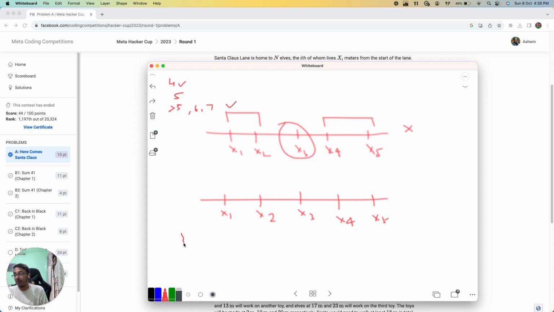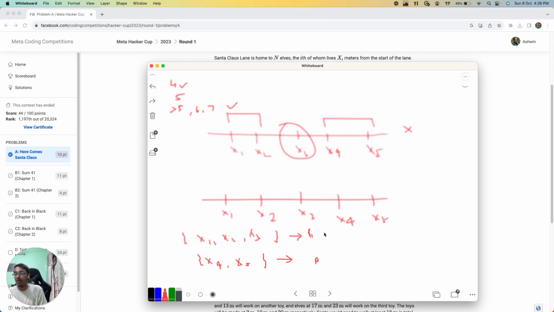So we will take one group, x1, x2, x3 as my first group, find the point p1, and second group is x4, x5, and this is my p2, and take the distance, suppose it is d1.